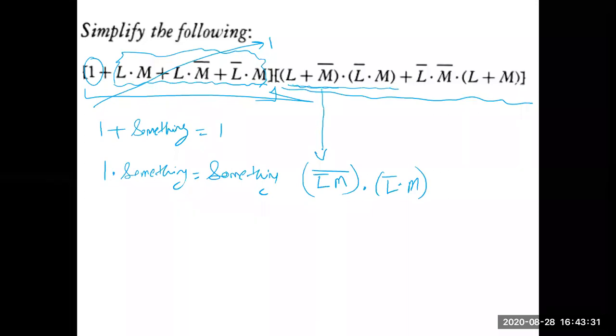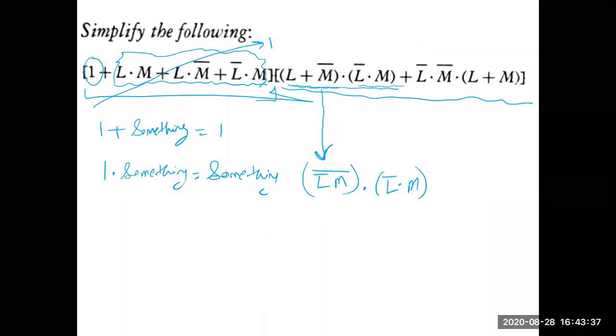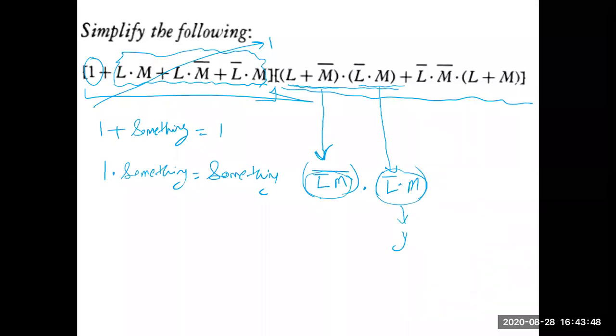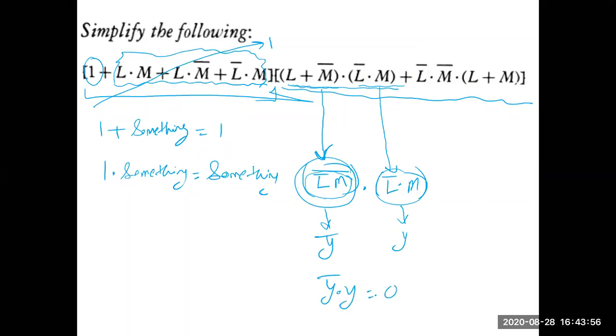So this I can write as L bar plus M, L bar dot M whole bar, and this is itself this one. If I consider this term as Y, this full term is basically Y bar. So if I do Y bar dot Y, it is 0.